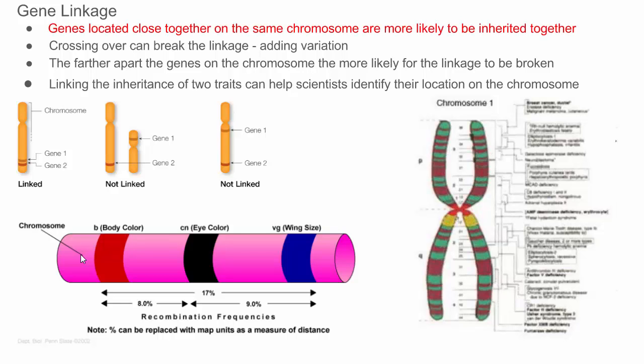Okay? And what this means is that if the genes for 2 separate traits are on the same chromosome, and they're close together, they are probably going to be linked together and inherited together because they're on the same chromosome.